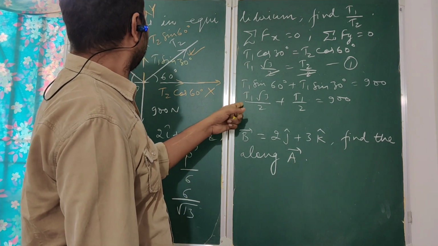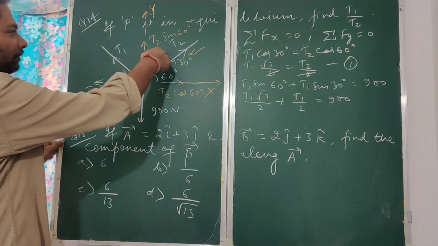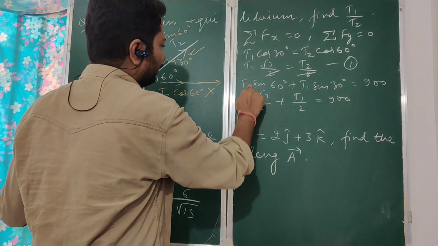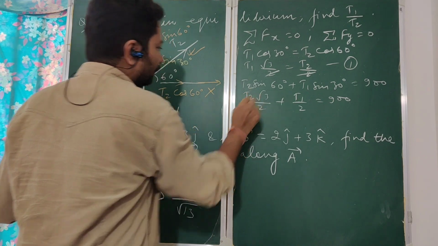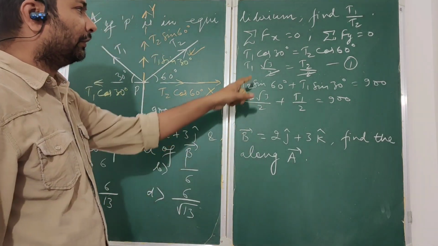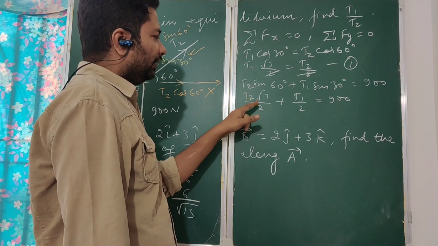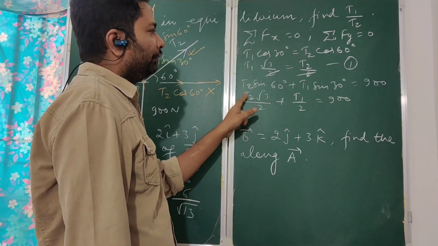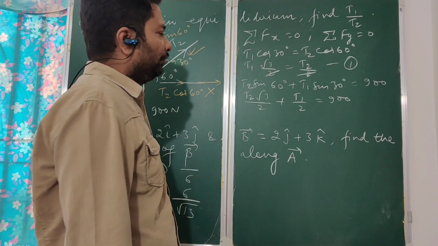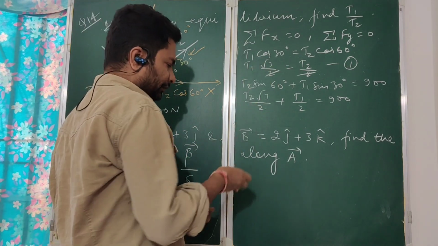Or you can say that this is T2, so T2 sin 60 is there. We can substitute any one value which we want. So let us put the value of T2 here. So T2 is T1 times root 3.